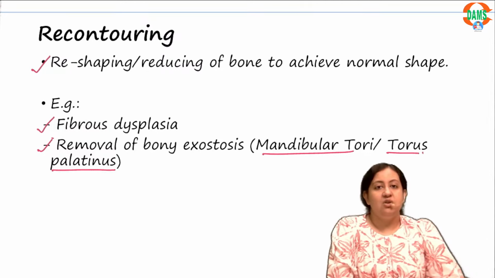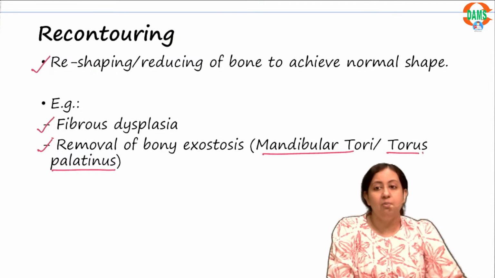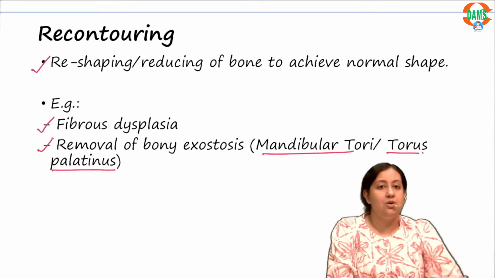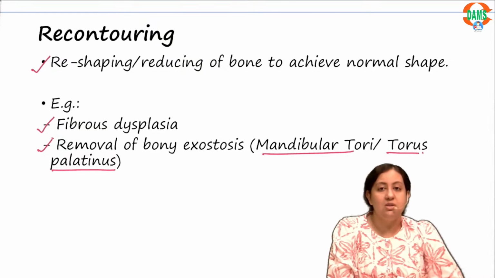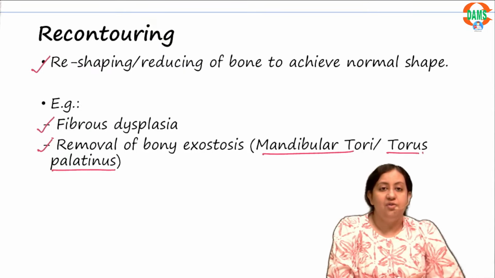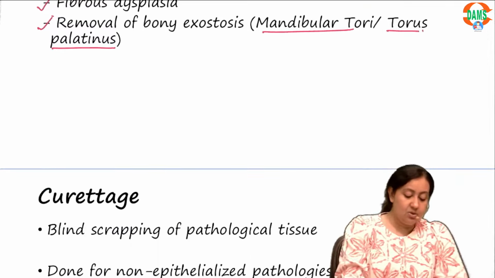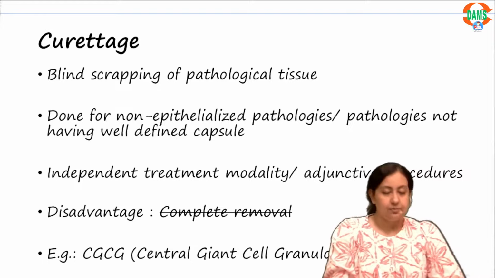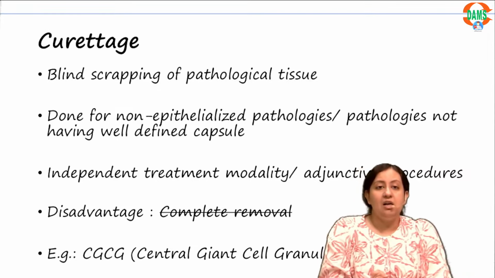During fabrication of dentures, when the tori or torus palatinus cause a hindrance for fabrication of prosthesis, you can take a surgical burr and just reduce them and restore the normal contour or shape so that your prosthesis can fit properly without any hindrance.